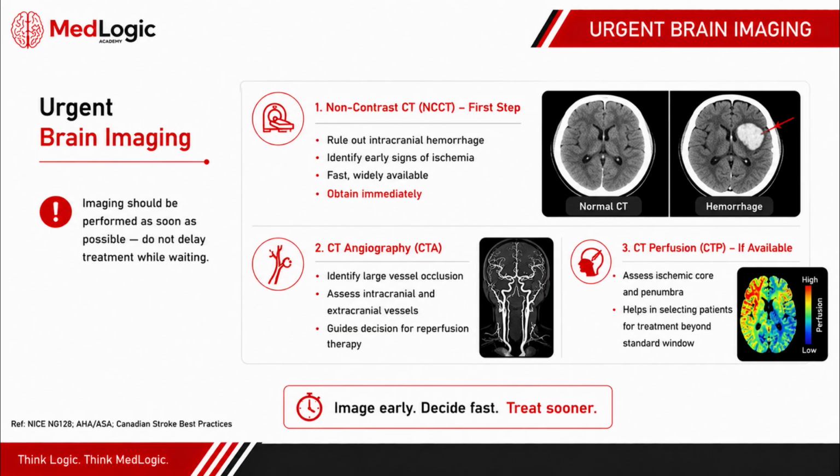If available and indicated, CT angiography is added to look for large vessel occlusion. This is especially important when mechanical thrombectomy may be considered. MRI, especially diffusion-weighted imaging, can be useful in selected cases, especially when CT is not enough or when symptoms are subtle, but availability and timing matter.